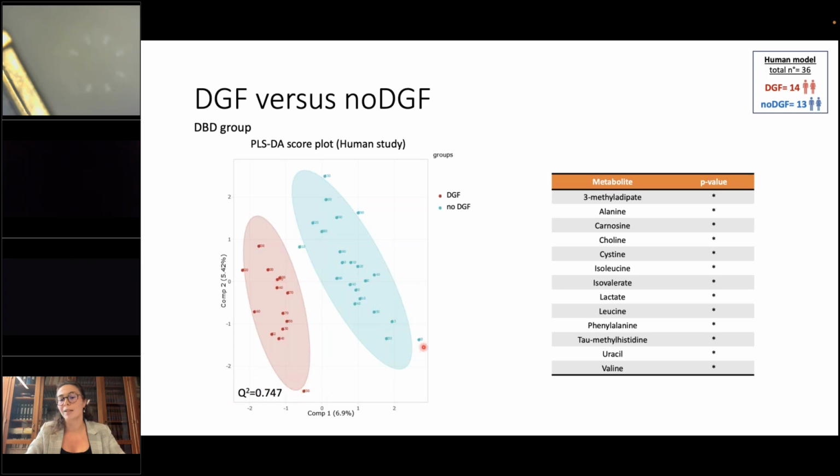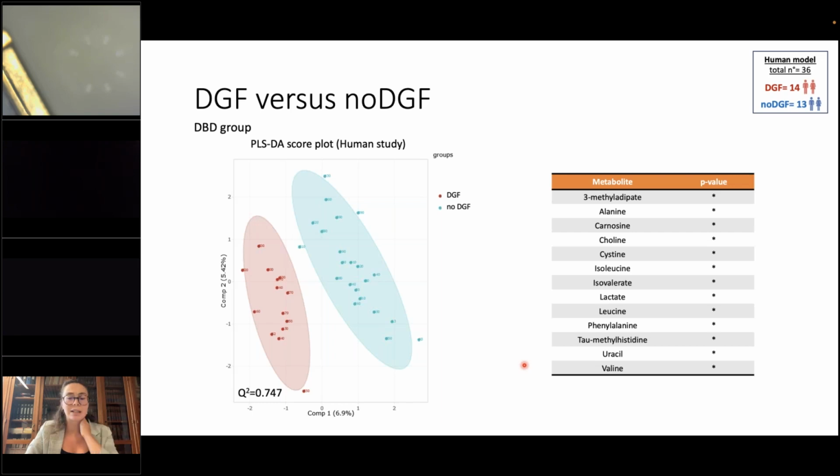Also in this case, we were able to identify the significant metabolites. What we can highlight from this result is that it is really important to take into consideration the donor type before looking at the pathological outcome post-transplantation.